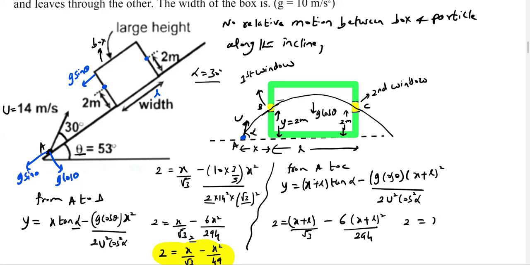So this will become 2 equals x plus L by root 3 minus x plus L whole square by 49.